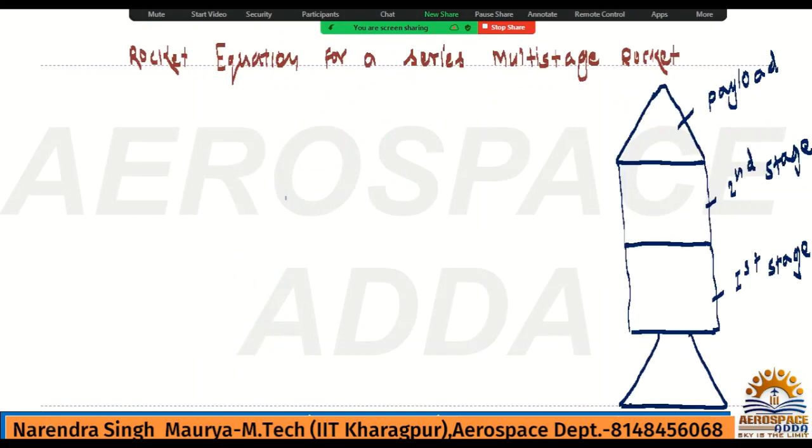Now how to write the equation for this series multi-stage rocket system. So the standard formula you know, and the standard formula is what?